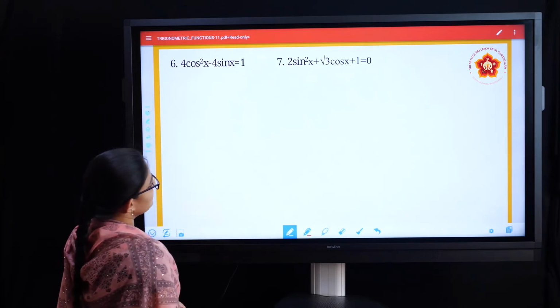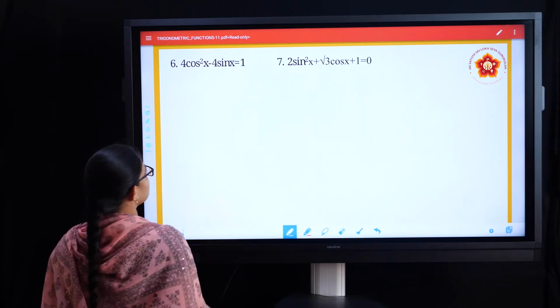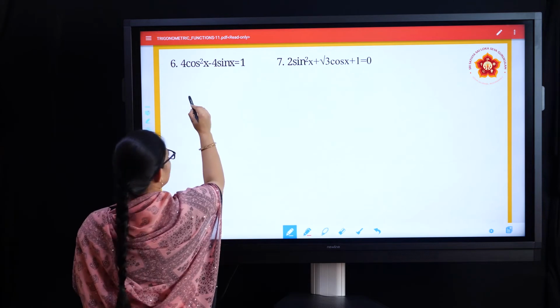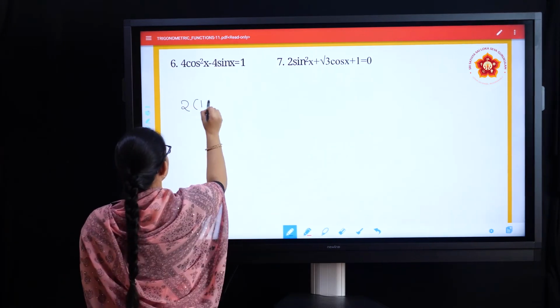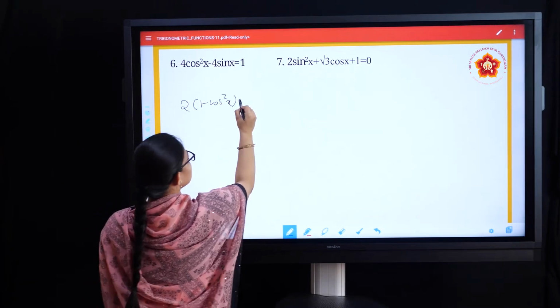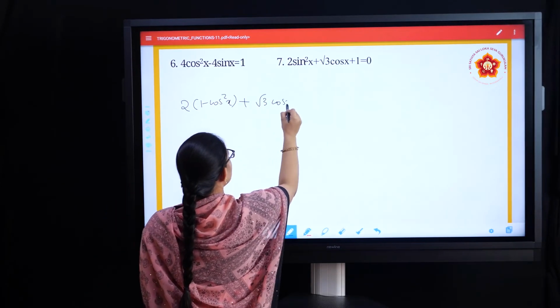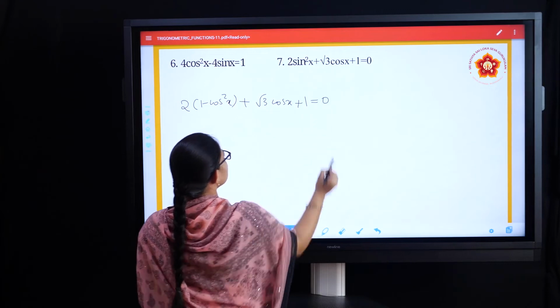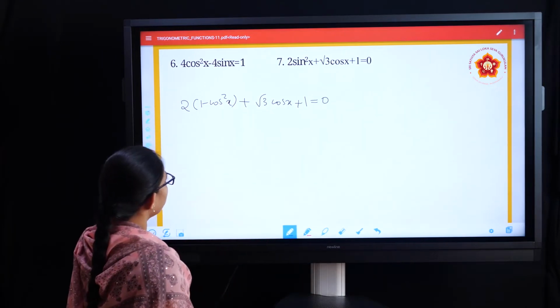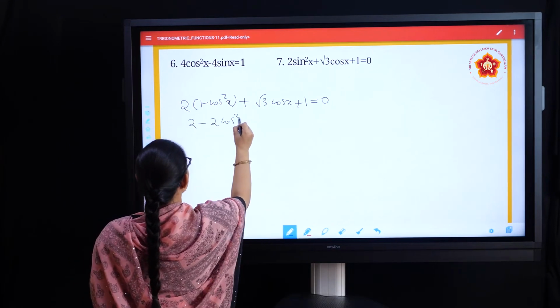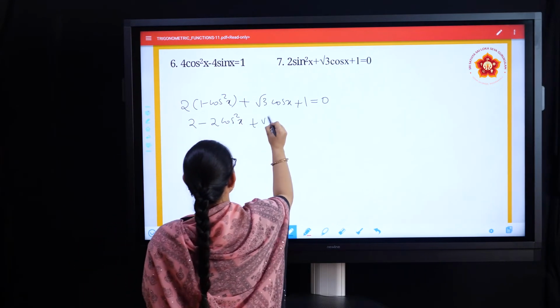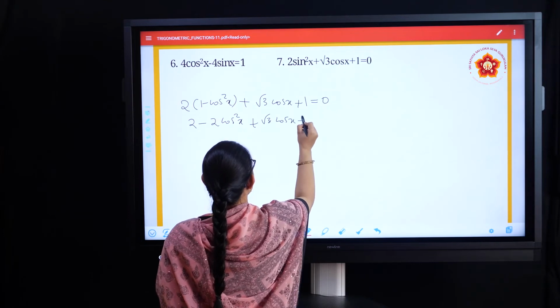2 sin square x plus root 3 cos x plus 1 is equal to 0. So sin square x I can write as 1 minus cos square x. So 2 into (1 minus cos square x) plus root 3 cos x plus 1 is equal to 0. Now 2 minus 2 cos square x plus root 3 cos x plus 1.